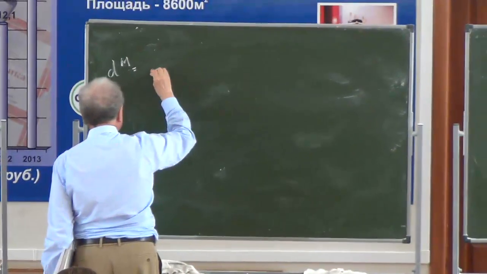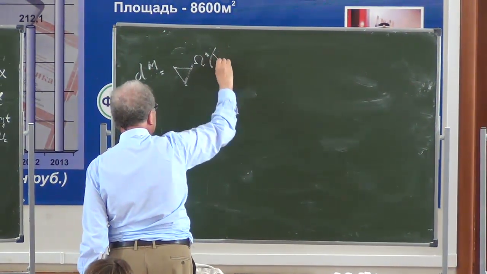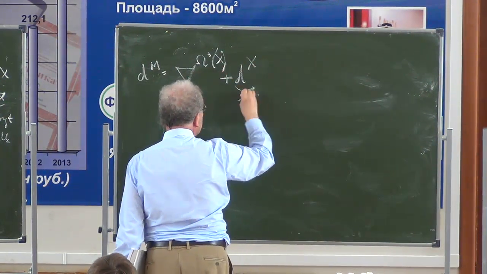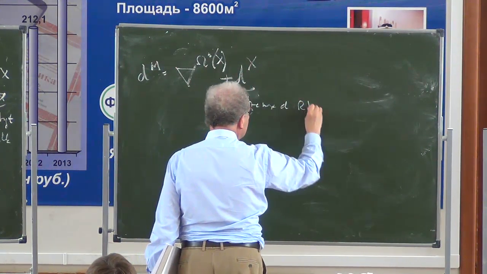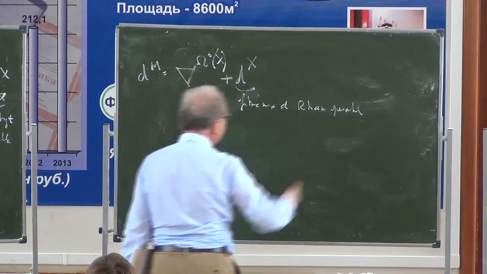So we wrote it as the sum of a natural connection on Omega(X) plus a de Rham operator. This is a fiberwise de Rham operator acting again on Omega(X), on the relative de Rham complex.